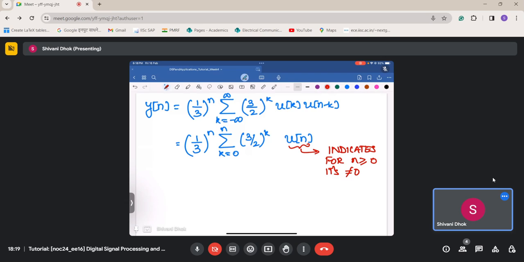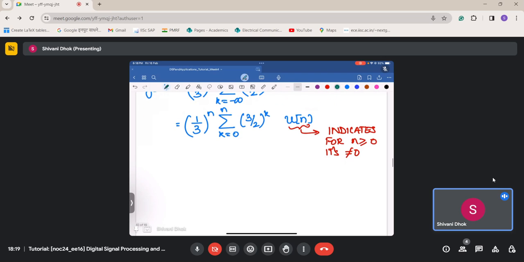Okay. So now this thing here is simply a geometric progression with common ratio 3 by 2 and first term as 1. So this we can write as 1 by 3 to the power n multiplied by first term is 1, so it's okay. Then we'll have 3 by 2 to the power the number of terms. So 0 to n will be n plus 1, minus 1, upon 3 by 2 minus 1.